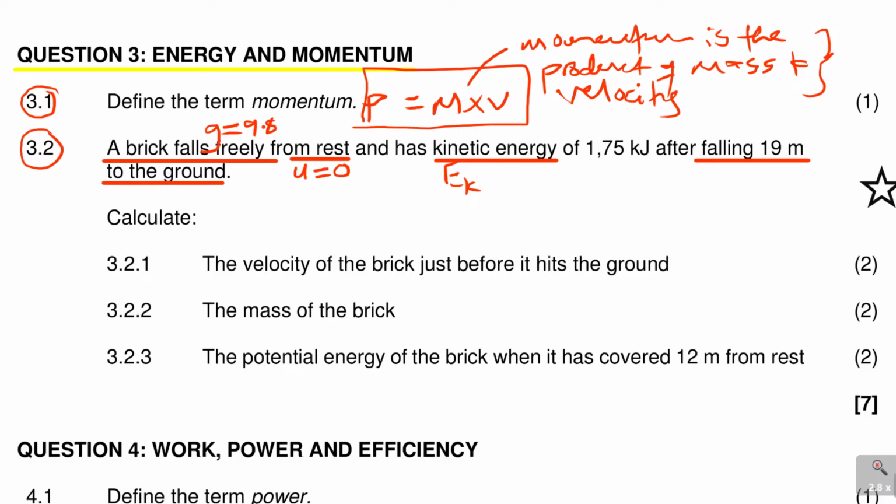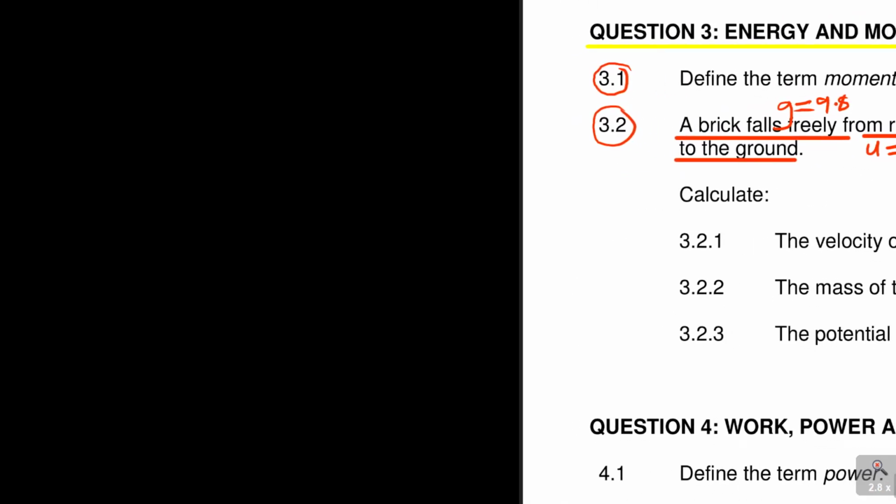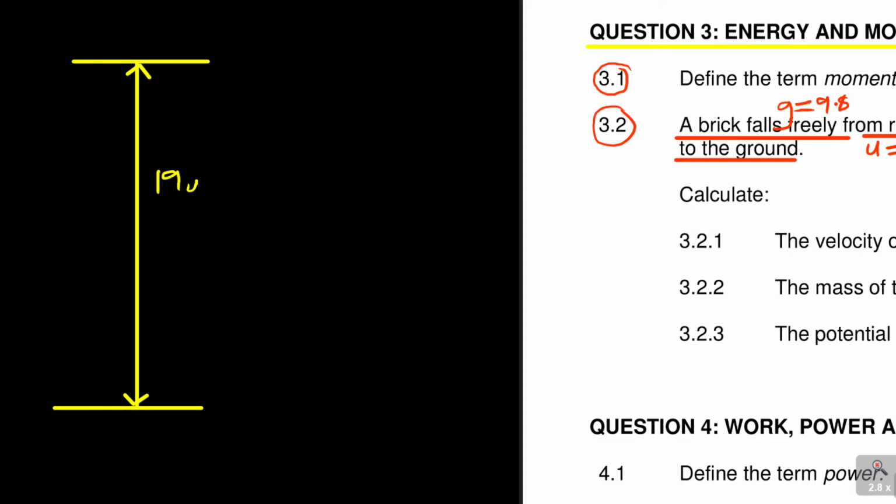It is falling 19 meters to the ground. So what they're trying to say, if we can picture this, is you have a brick that fell from there to there, and this distance here is 19 meters. Let me just draw it nicely.